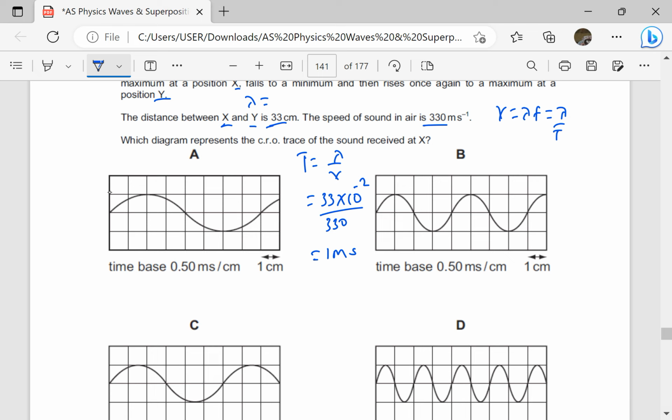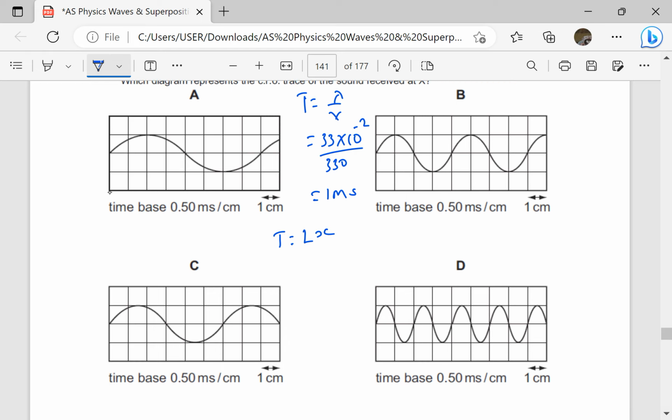Let's find the length of the wave representing one cycle. The period is equal to the length of the wave representing one cycle times the time-base setting. We are just looking for L. The period is 1 millisecond, L is not known, but the time-base setting is 0.5 milliseconds per centimeter.